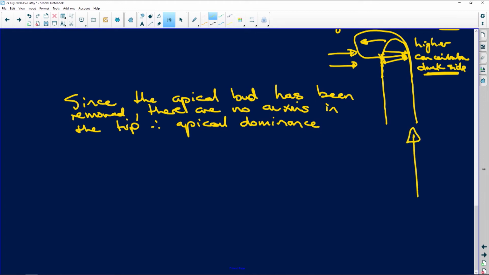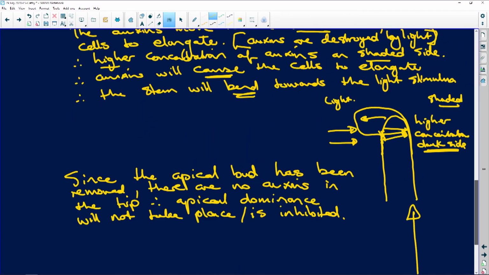Okay, so apical dominance will not take place. Or you can say apical dominance is inhibited. And when the apical dominance is inhibited, the side branches are going to grow nicely. That's why when you trim the top of a tree, it gets nice and bushy. Okay, let's just go back to our questions.